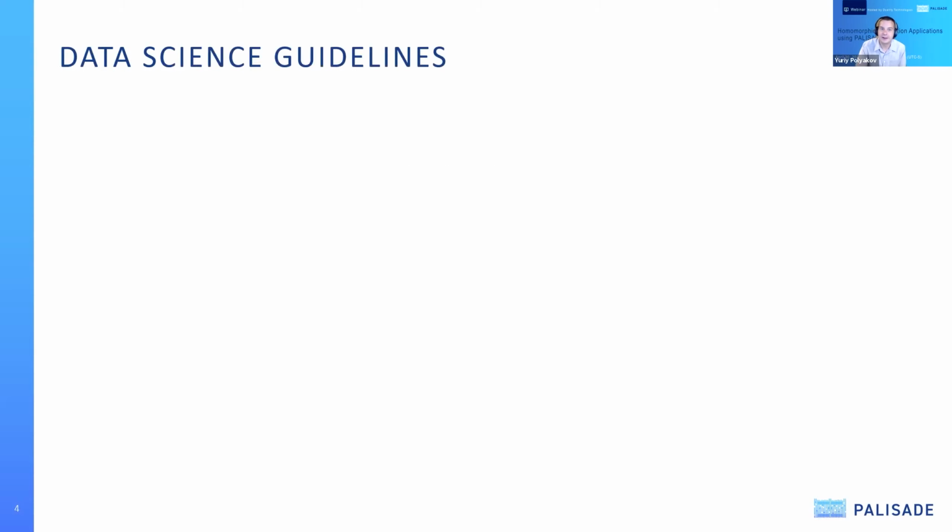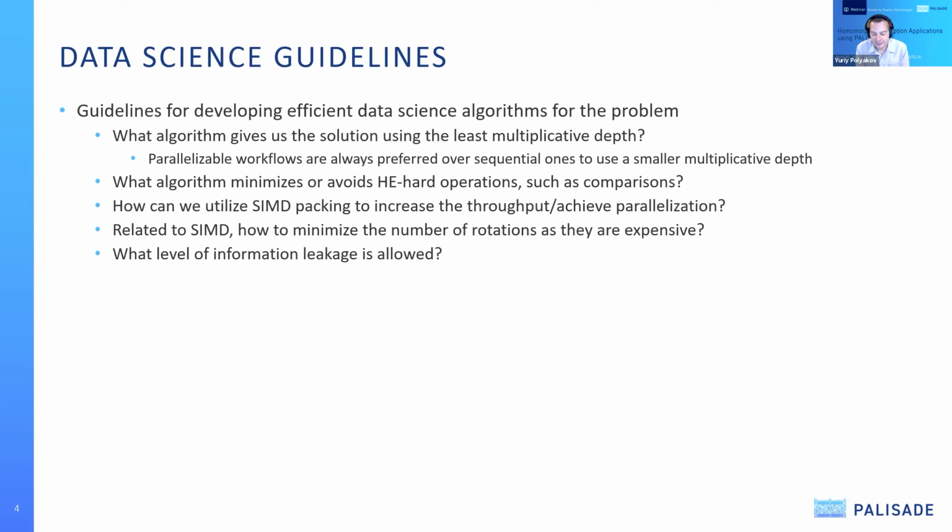So the data science guidelines. Everything starts, I mean, we don't just go into PALISADE and start writing the code, writing an efficient homomorphic encryption solution. The first step that one has to take is to actually develop an efficient data science algorithm that can solve this problem.